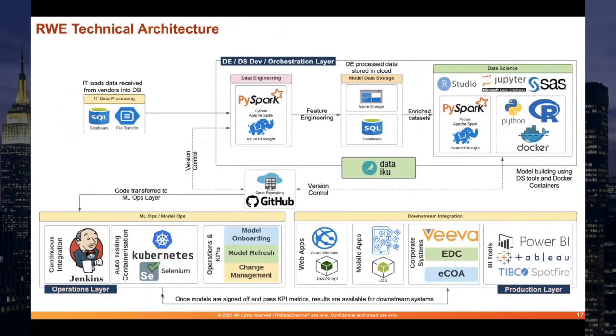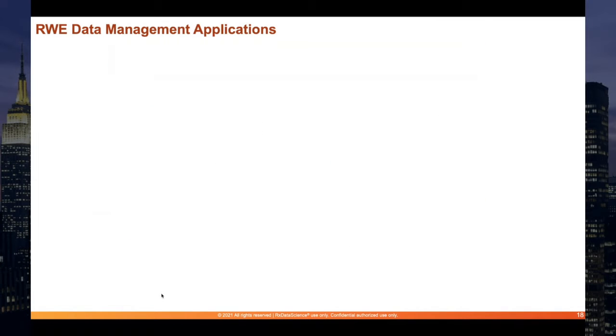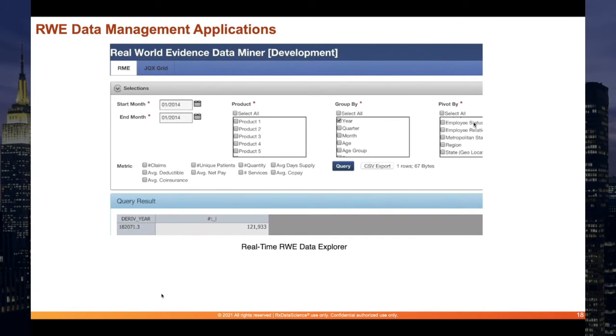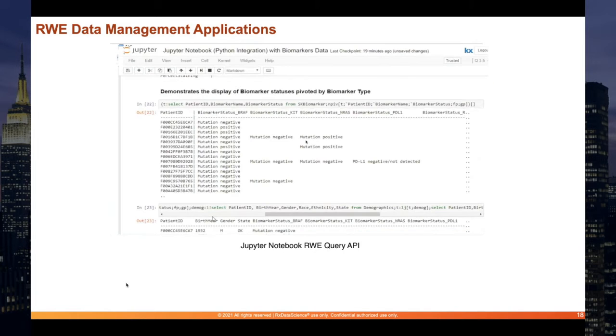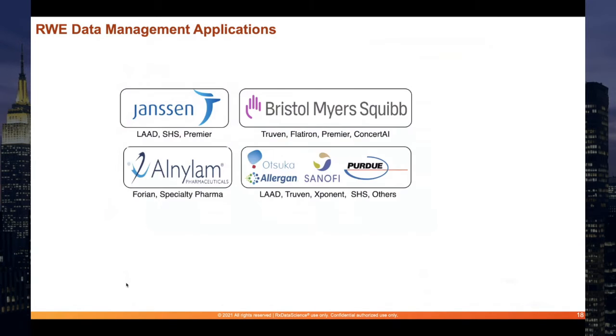products. This is a technical architecture which I wouldn't really go into, but I just want to show a few applications that we had developed. One was a real-time RWE data explorer. This was going against Proven Market Scan, about 20 billion records, with query APIs using R, SAS, Python, and common data models.